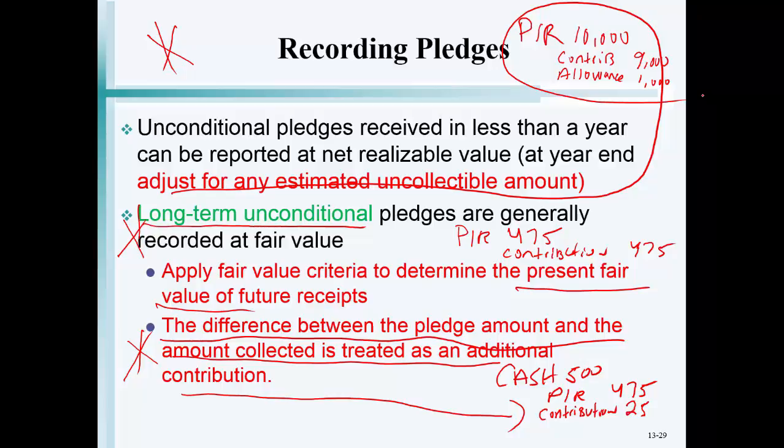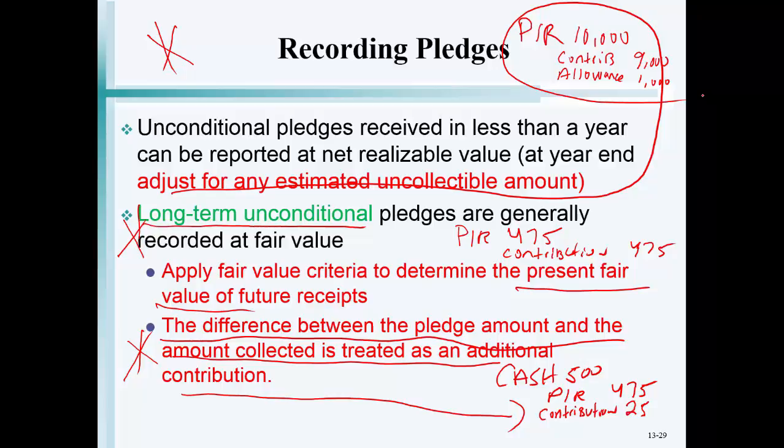But my experience says that 1% of the time I don't collect on that. Can it happen to a not-for-profit? Yeah, someone's had a few beers, and they say, let me call up the doggy place and give them $10,000. And then they wake up the next morning and they go, I'm not sending that dog place $10,000, whatever, right? So sometimes people don't send us the money for whatever reason, right?